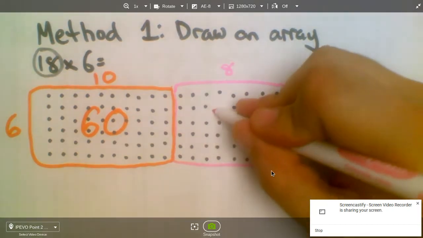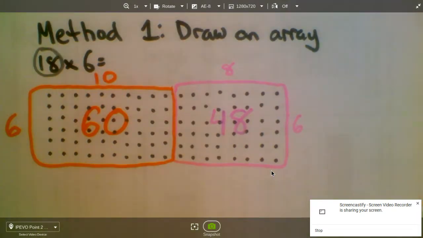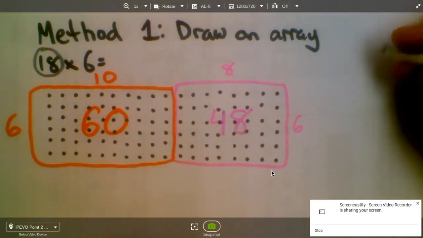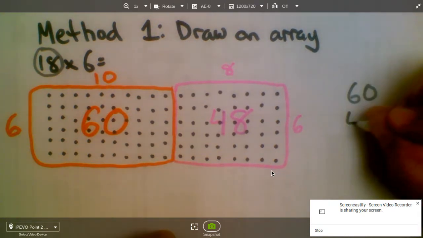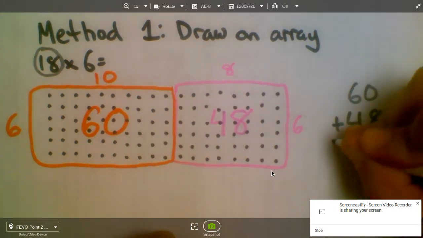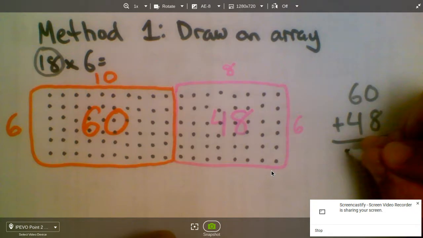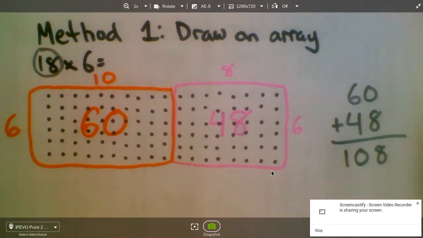But 6 times 8, we know, equals 48. And so then all I have to do is to add those pieces together. I have 60 plus 48, add them up, and I get 108.